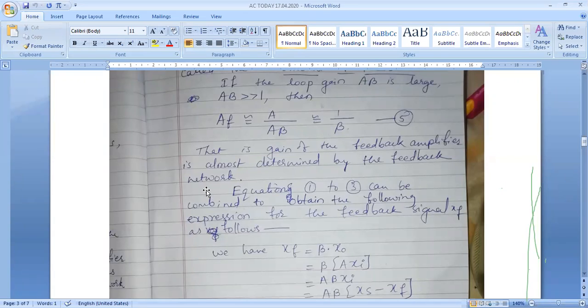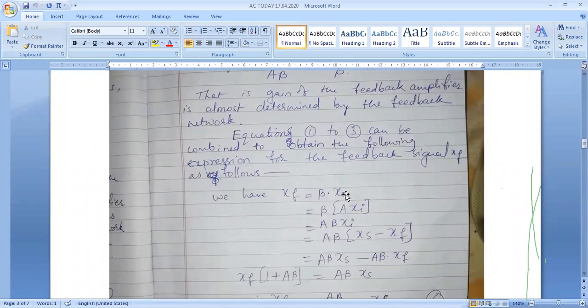Usually we are using passive components in order to design the feedback network. Therefore, it is very easy to design this feedback network to have a particular gain. So that is the advantage of having a much larger A beta factor.